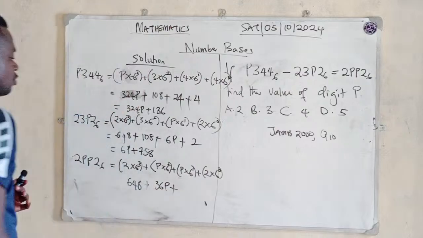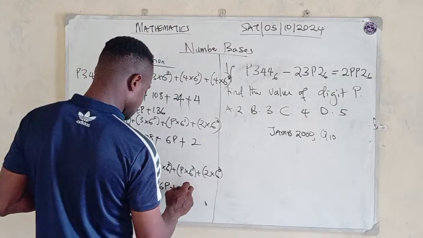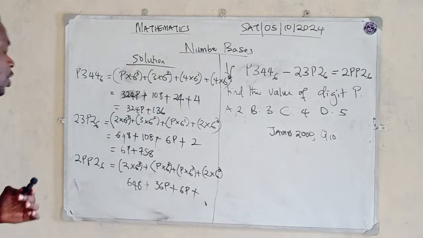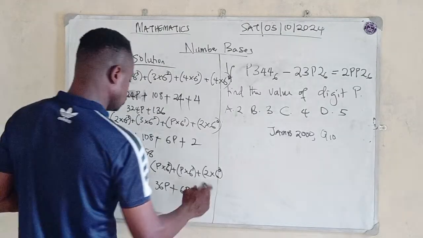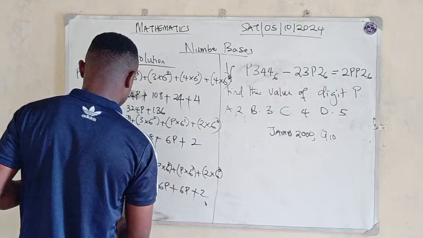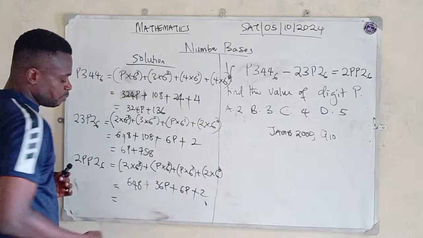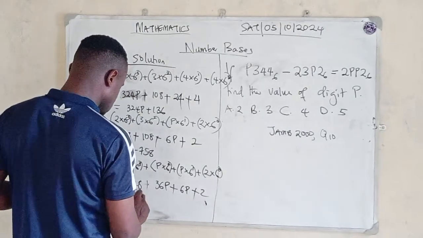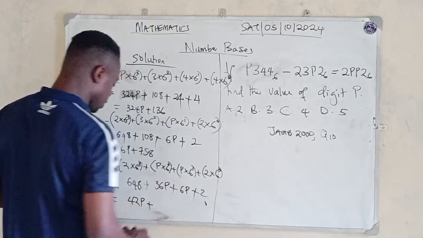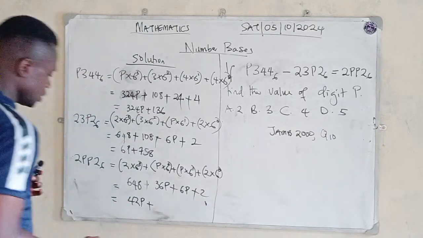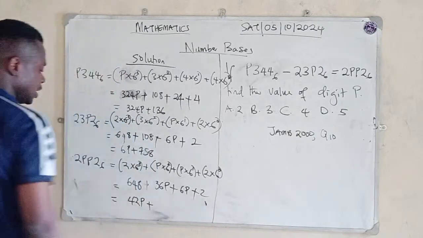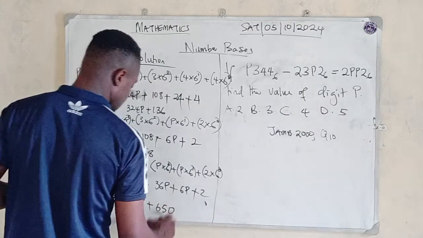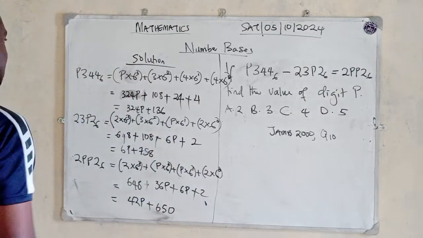Plus 6 raised to the power 1 gives 6p. Plus 6 raised to the power 0 is 1. 1 times 2 is 2. So if you add up, 36p plus 6p is 42p. So we have 42p plus 2 plus 648, which is 650.